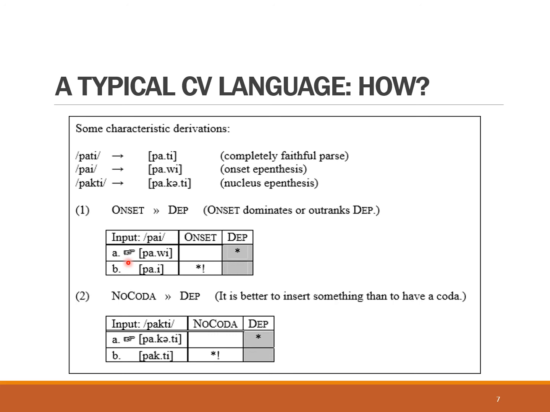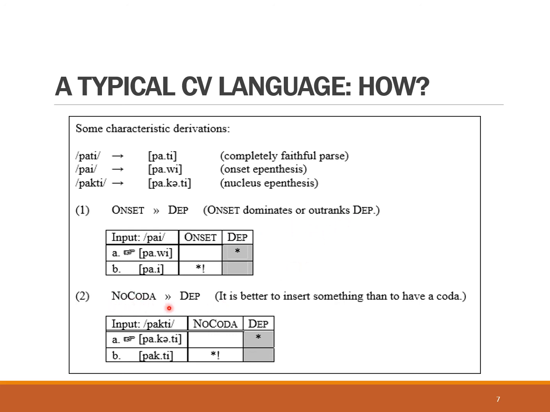This is symbolized with this particular symbol, the symbolic notation for the optimal candidate, which is the winner. The other candidate, pa e, is not good because the syllable e does not have an onset, and this candidate violates a higher-ranked constraint. So we can see onset dominates or outranks depth.